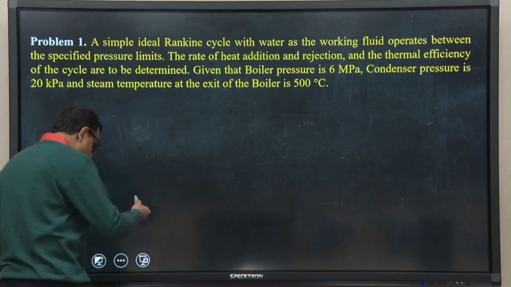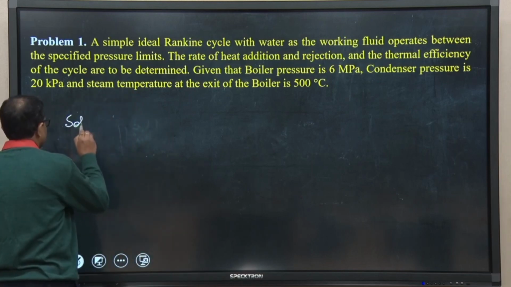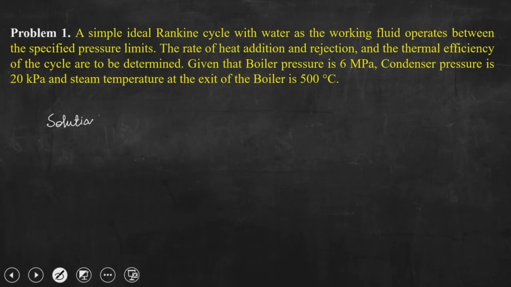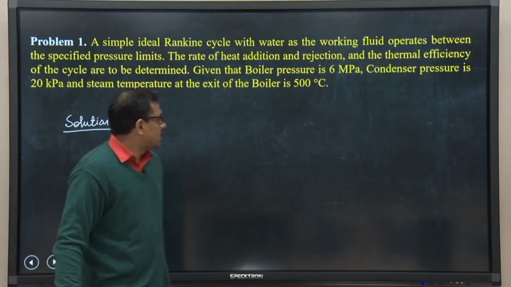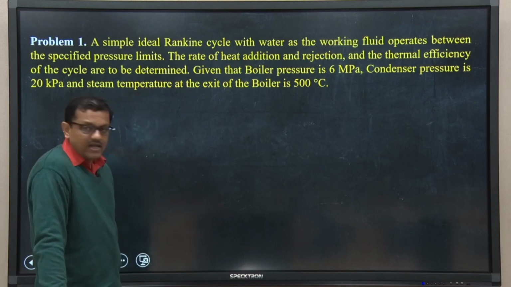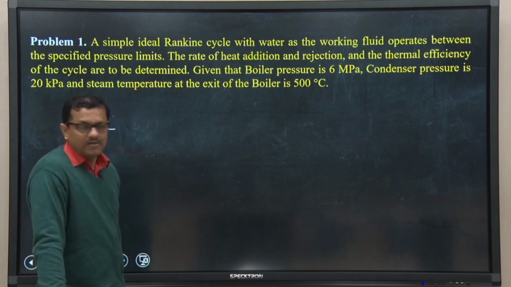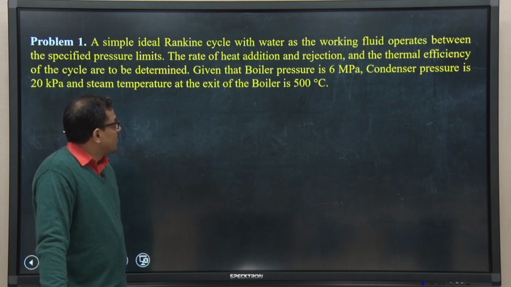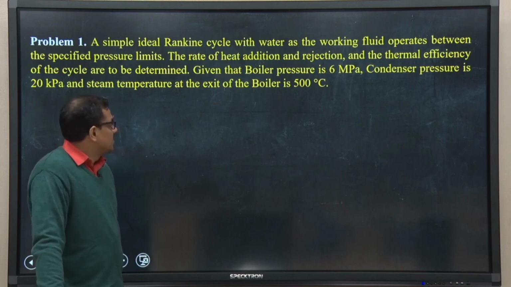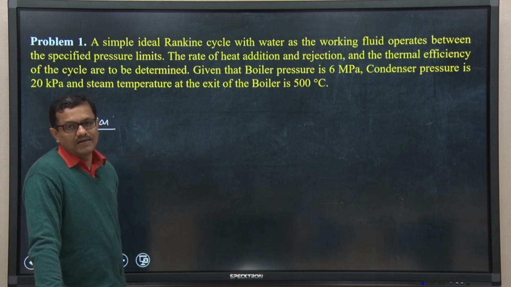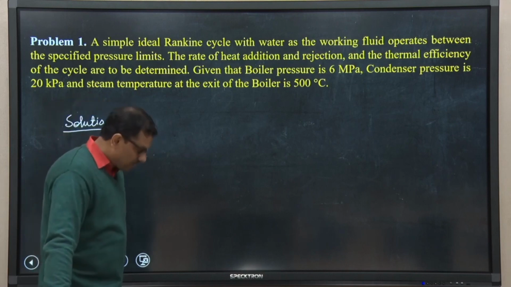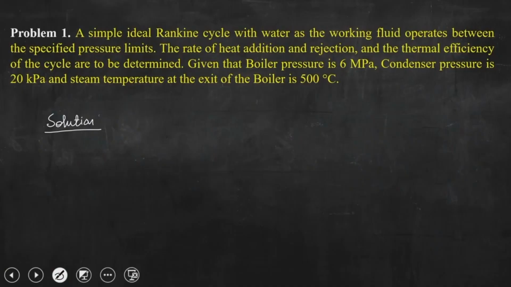So, if we try to solve this problem, though it is a very simple problem, I have taken it only to make you understand that there are a few steps. Whenever you are solving any numerical problem on this particular topic, the first objective should be to draw the schematic depiction of the steam power cycle. So, let us do it.